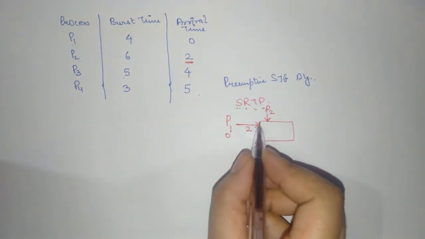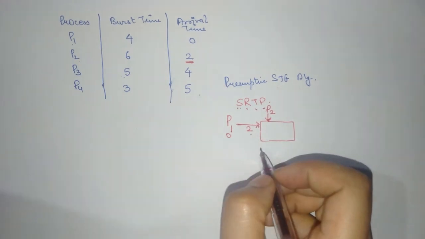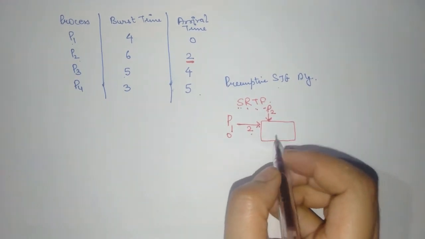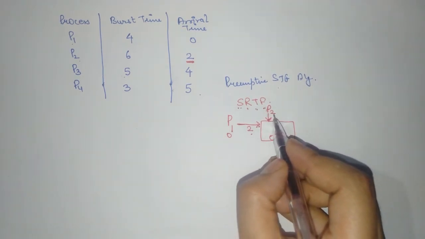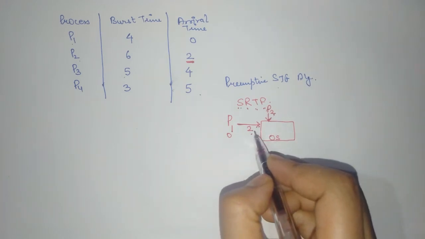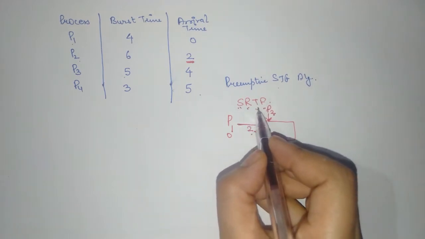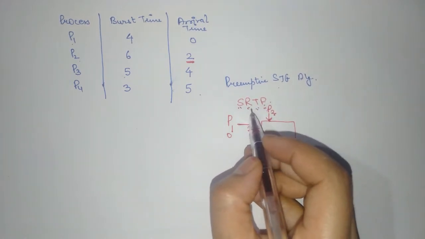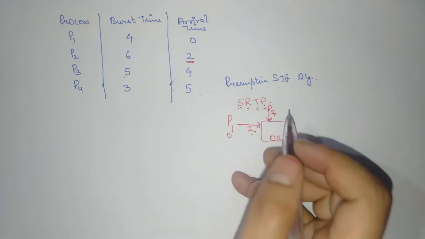When 2 time units of process 1 were completed, the next process entered the ready queue. Now the operating system will compare the burst time of the new process with the remaining time of the running process. That's why it's called shortest remaining time first. That means the process whose remaining time is shortest will get CPU first.